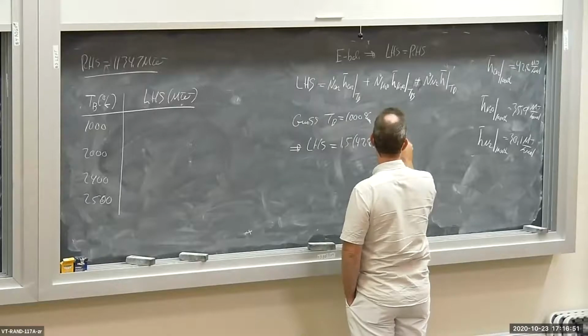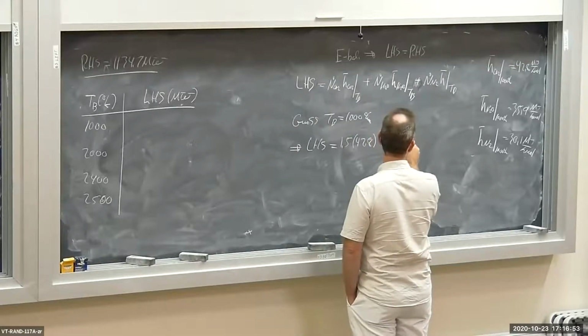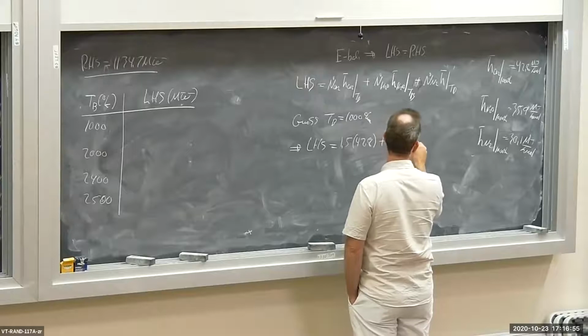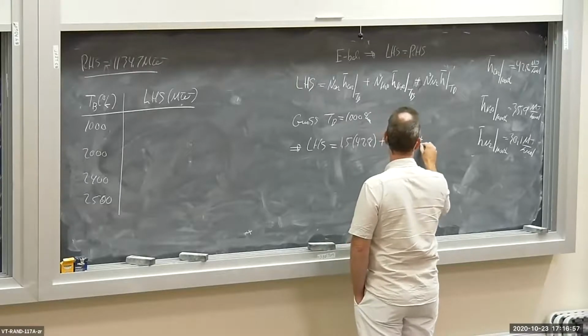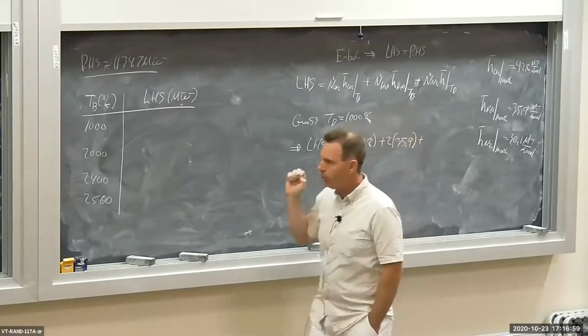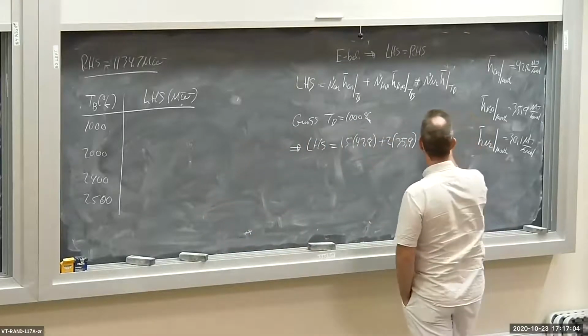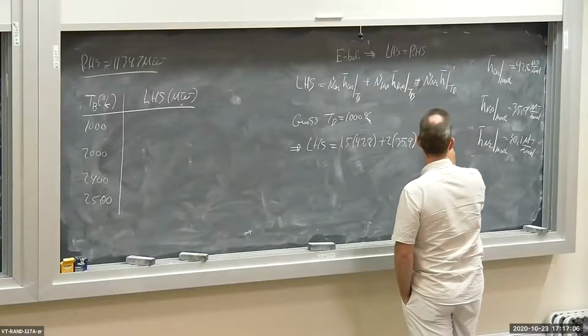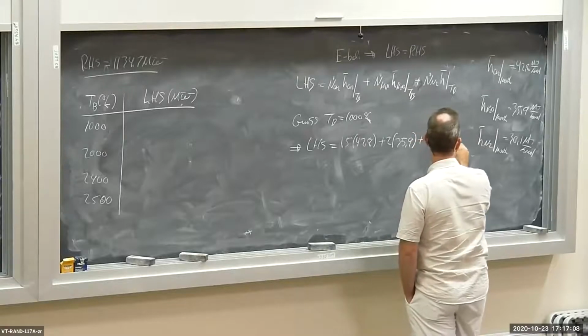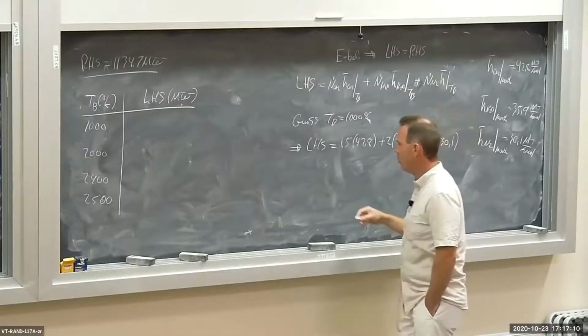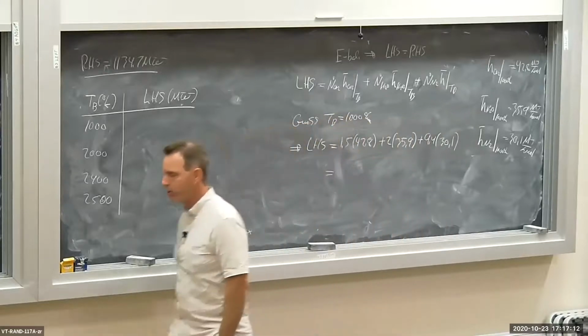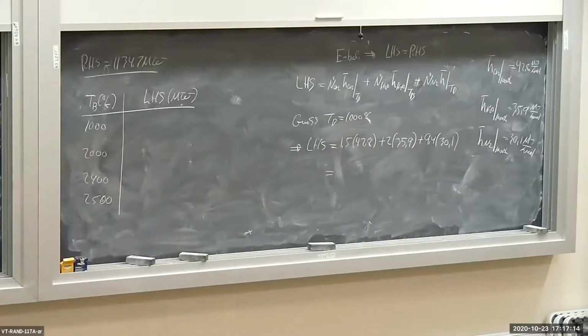Then I have 2 for the H2O at 35.9, and 9.4 kilomoles per second for the N2 at 30.1 megajoules per kilomole. Let's crank this out and see what we get.